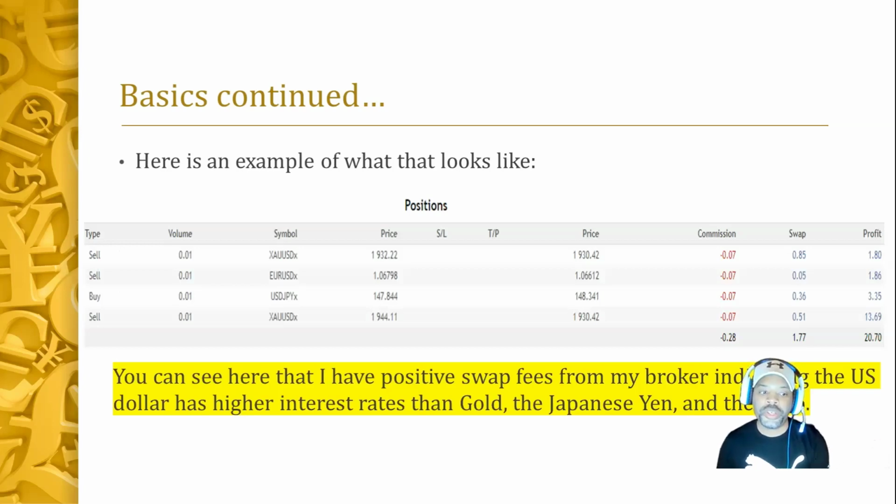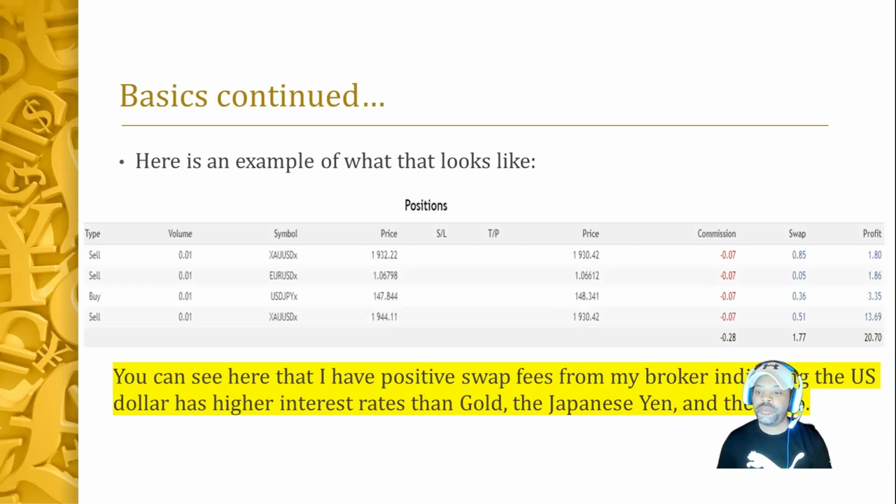All right, so you can see here, the broker that I use charges a commission, but I'm not worried about paying commissions, because now that I understand how swap fees work, I use them to my advantage.